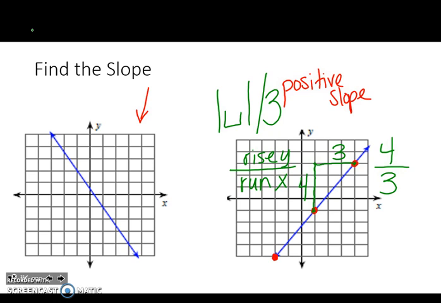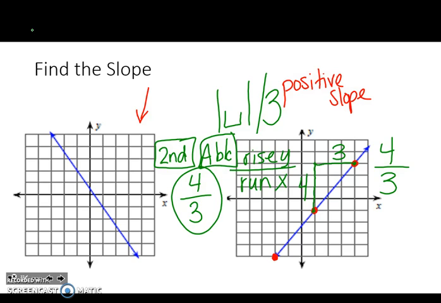We went over how to change these mixed numbers back into improper fractions. If you hit the second button and then the ABC button again, and then hit enter, it'll switch it so that it's in the simplest improper fraction possible. Okay, so our final answer here is going to be 4 over 3.